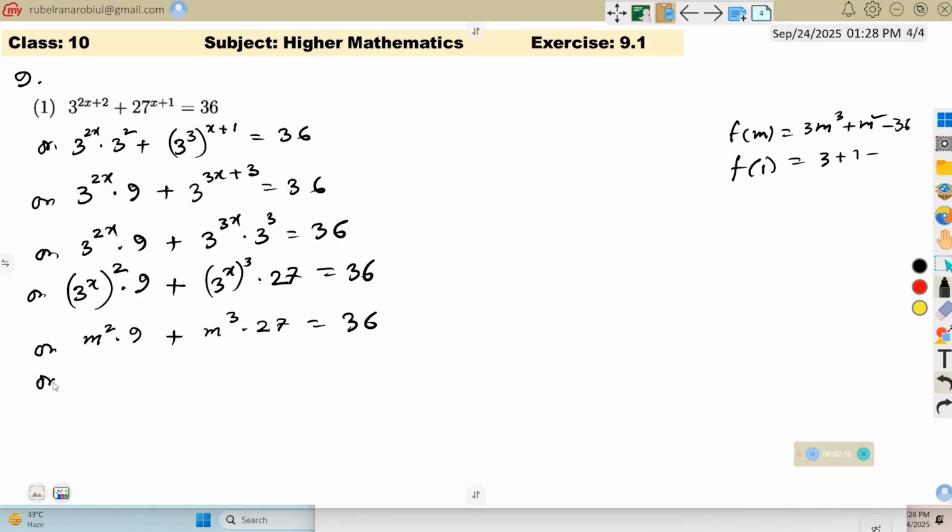Let's divide both sides by 9. It will be m square plus 3m cube equals 4, or 3m cube plus m square minus 4 equals 0.